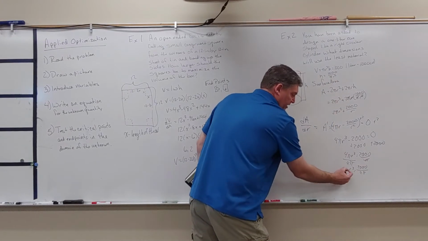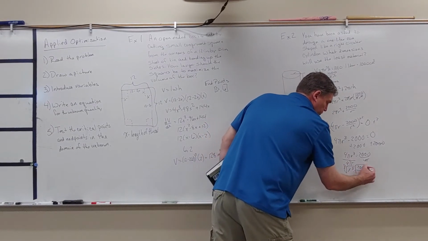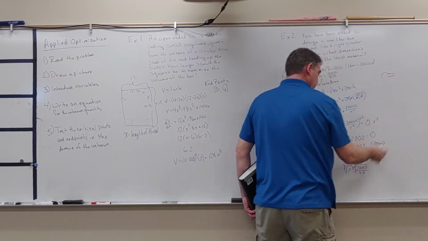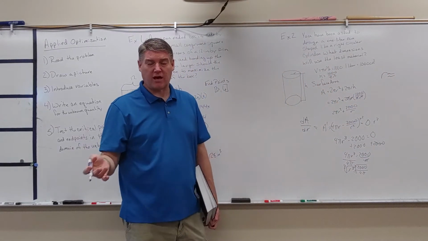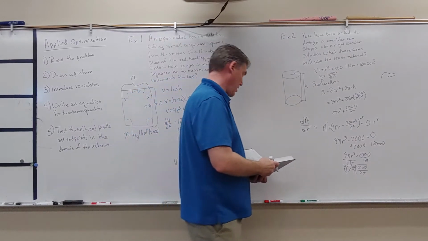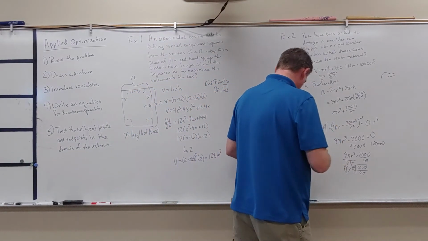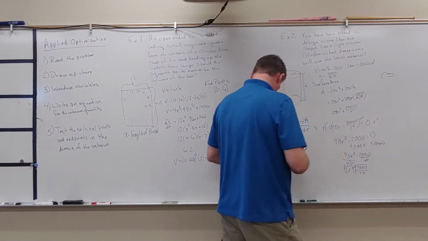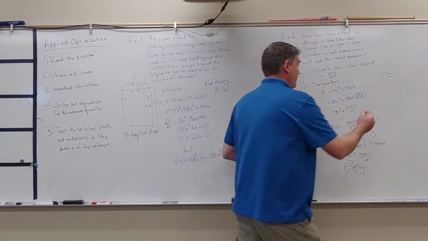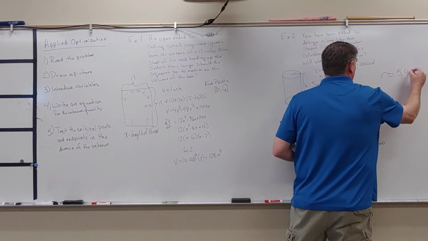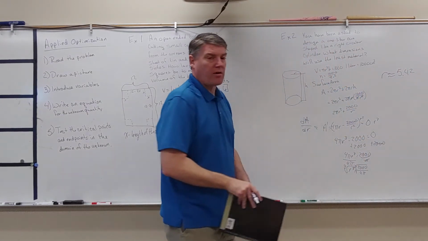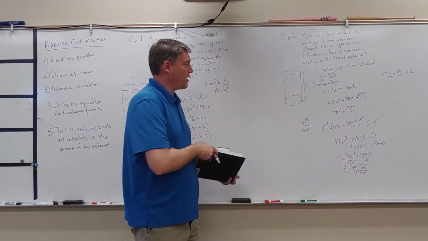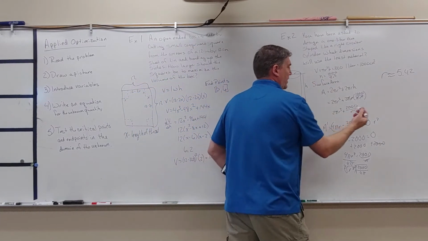And now to get rid of my cube, I'm going to cube root it. So now I get r approximately, I'm going to use a calculator to find that. r is approximately equal to 5.42. Okay, and now I can find my height by coming back over here and plugging it in.